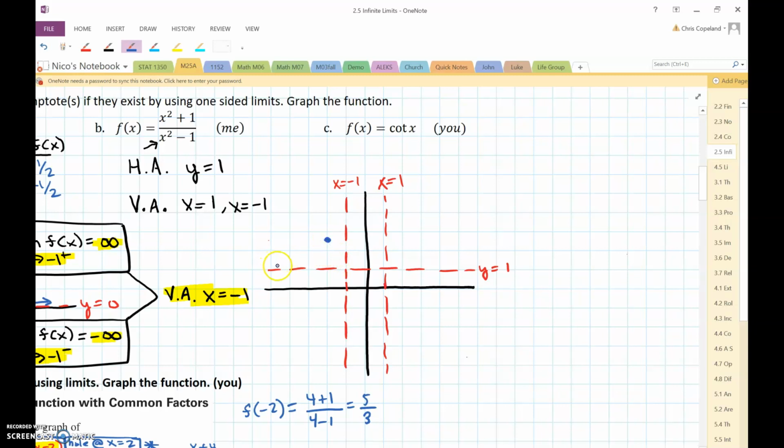So that means it's going to be like this. Let's pick an x point in between the two vertical asymptotes. So let's try 0. f of 0 would be 1 over negative 1, which is negative 1. So that's going to look like this.